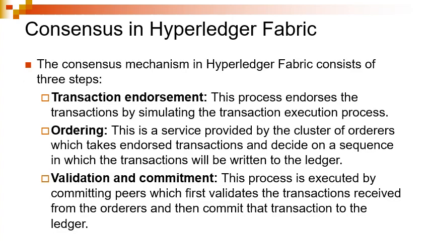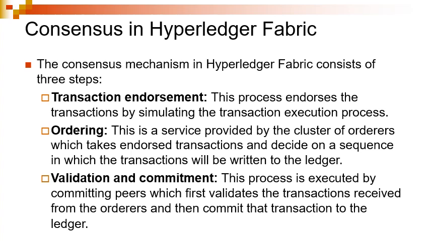So, consensus in Hyperledger Fabric. We know that blockchains are updated via a consensus mechanism, or we can say an agreement protocol. Every node has to agree on the transaction, and if every participant agrees on the transaction via the consensus mechanism, then that transaction is committed to the ledger, and each copy of the ledger on every node is updated through the consensus mechanism.